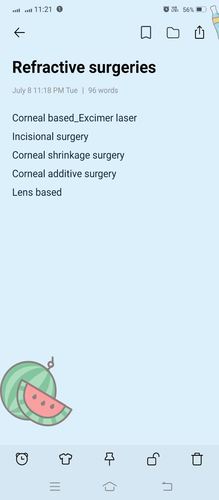Epithelial sheet is replaced and then BCL inserted. Same refractive error correction.